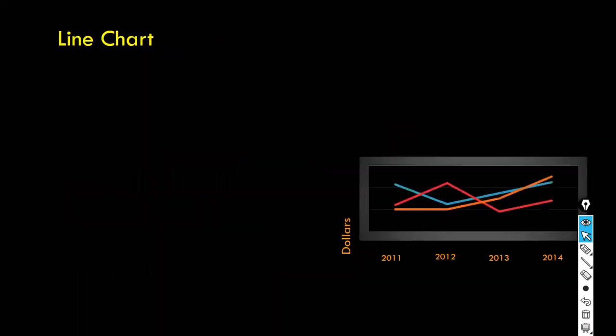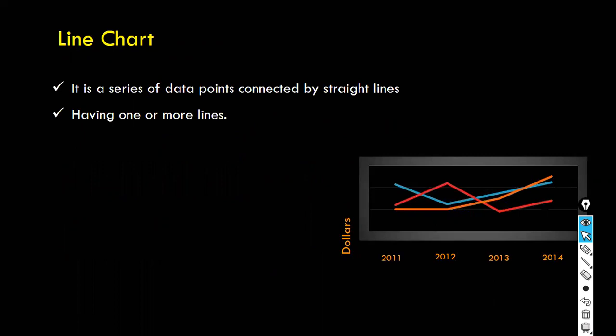With the help of a line chart, we can identify the trends. For example, if you wanted to see how sales values changed over the years, in that kind of situation it makes sense to use a line chart.